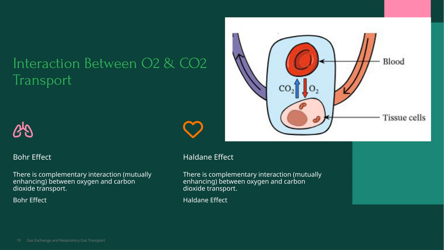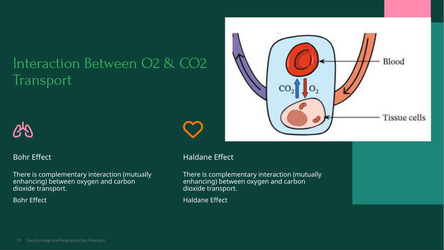It describes how increased carbon dioxide levels and lower pH cause hemoglobin to release oxygen more readily. So, in active tissues where CO2 is high, oxygen is released more efficiently. Together, these effects, Haldane and Bohr, demonstrate a beautiful dynamic balance.